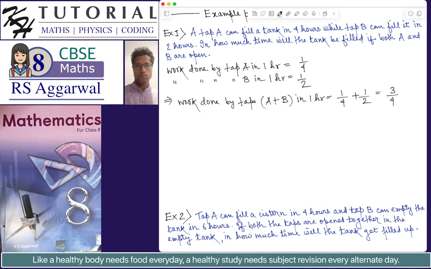So 3 by 4 can be written as 1 by (4 by 3).